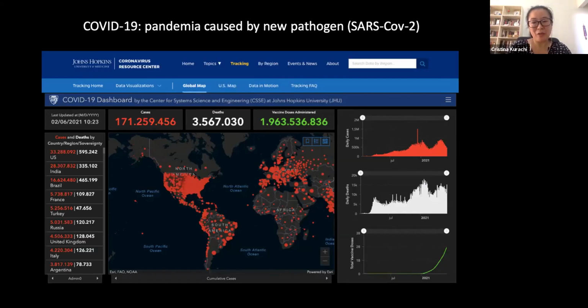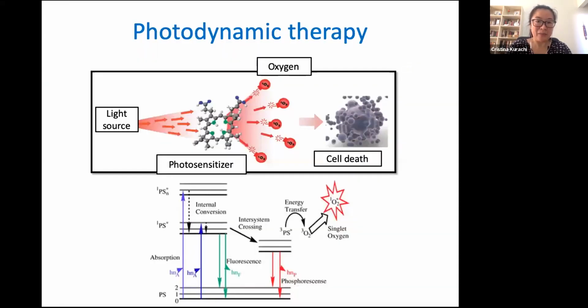So as I'm going to show you guys in the next few slides, PDT can also be a potential alternative in the case of infections and diseases that are caused by new pathogens, as in the case of SARS-CoV-2. And PDT, I guess most of the audience already knows, is a kind of treatment in which we use light to activate a molecule that is called a photosensitizer.